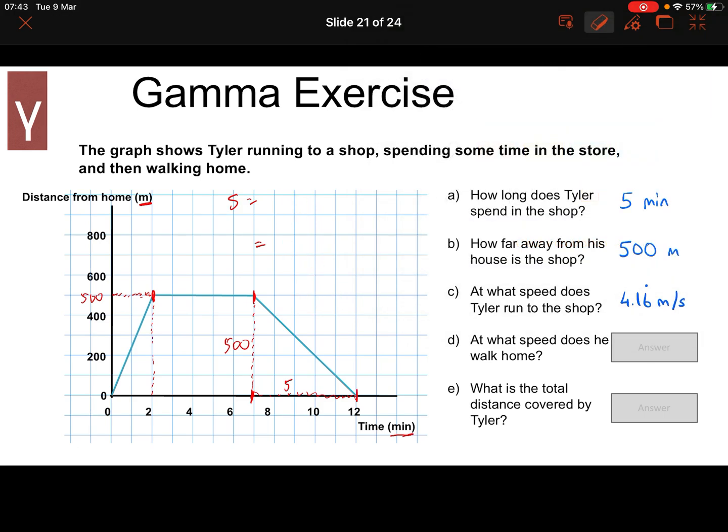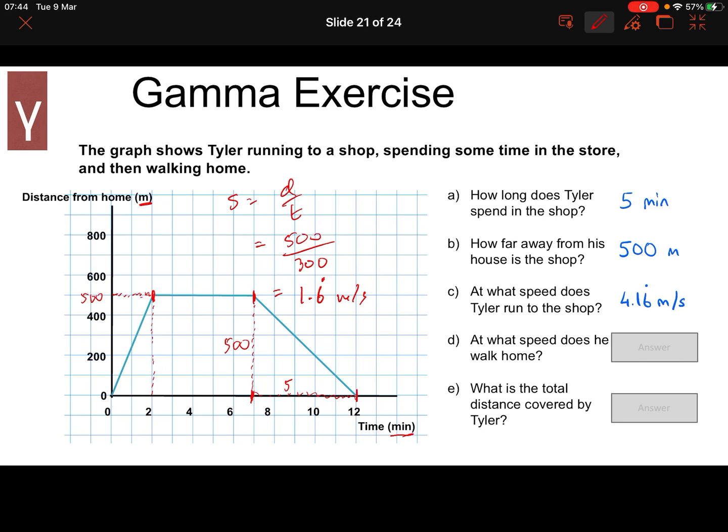Okay, so speed equals distance over time. Distance is 500 over 300 seconds. 500 divided by 300 equals 1.6 recurring meters per second. Now, the clever of you might have noticed I said that the gradient is equal to the speed.